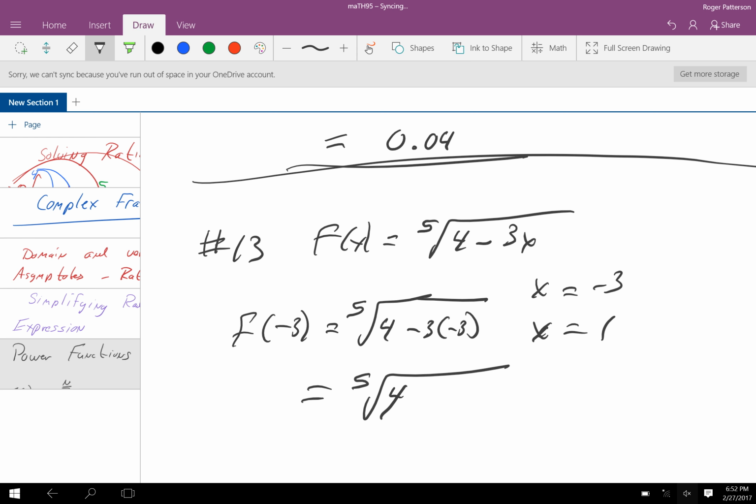So negative 3 times 3 is going to give us, what are we going to get underneath the fifth root sign? Yep. Take the fifth root of it.